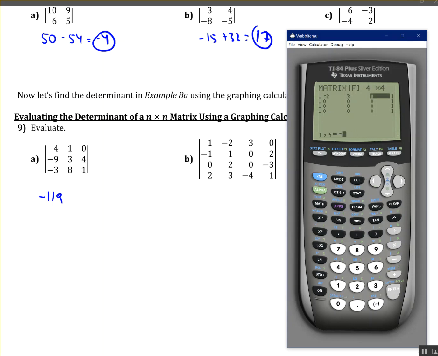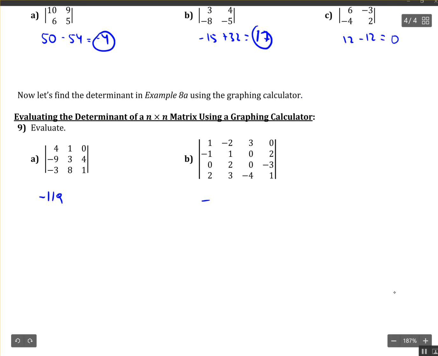Negative 1, 1, 0, 2, 0, 2, 0, negative 3, 2, 3, negative 4, 1. Luckily for our calculator, it's no big deal. Let's do det. I get negative 79. Hopefully I didn't make a typo there.